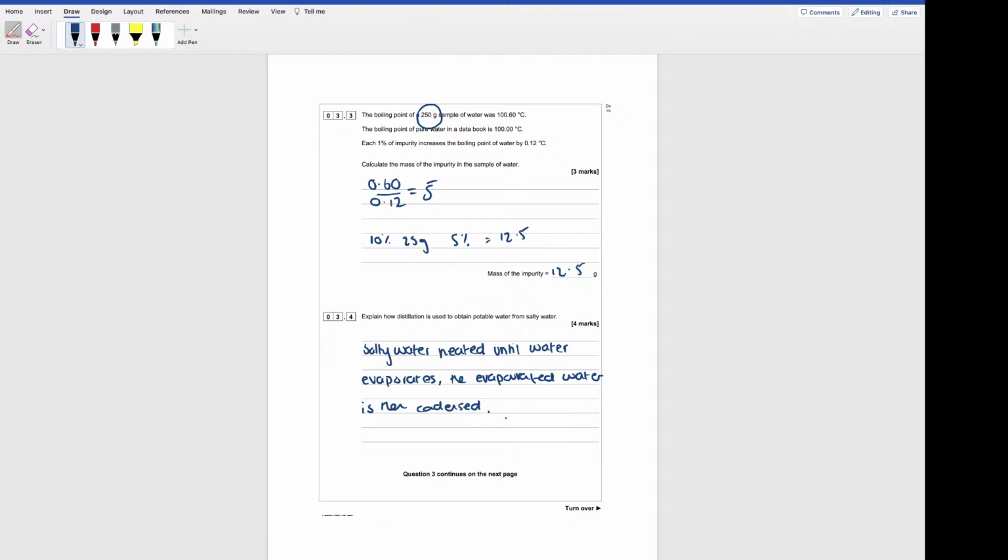All the salt is left behind. The salt does not boil and is left behind. So we heat the salty water until it evaporates. The water is evaporated and then condensed, and the salt in the water does not boil and is left behind. So we obtain potable water by distillation that way.